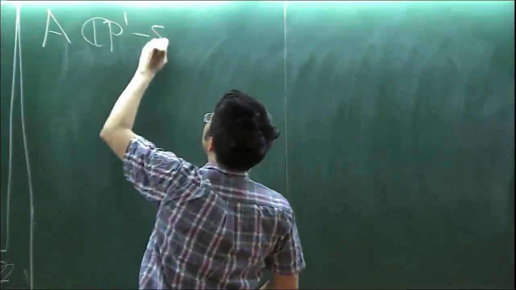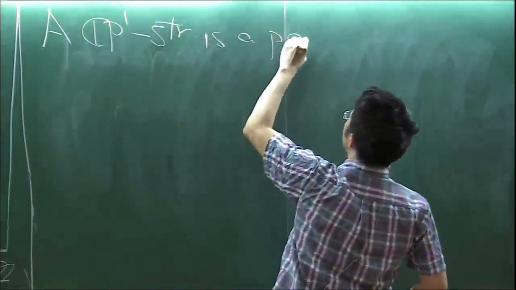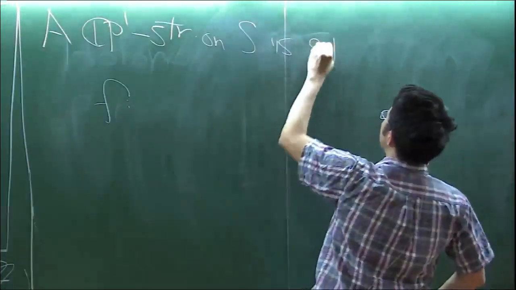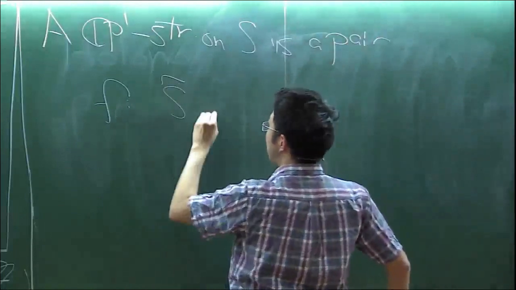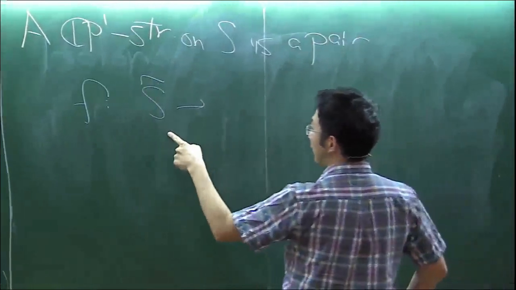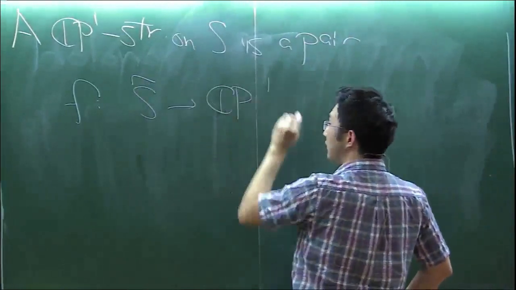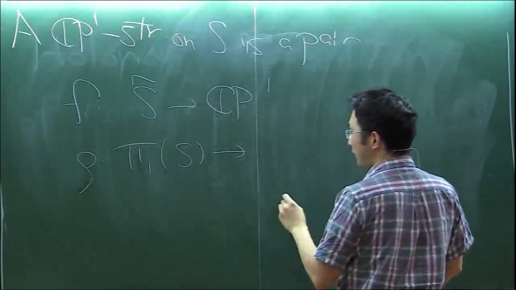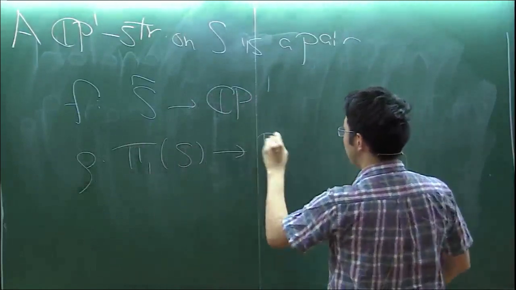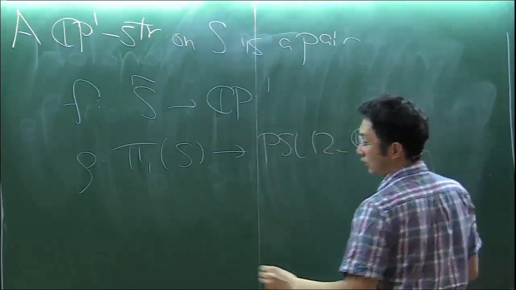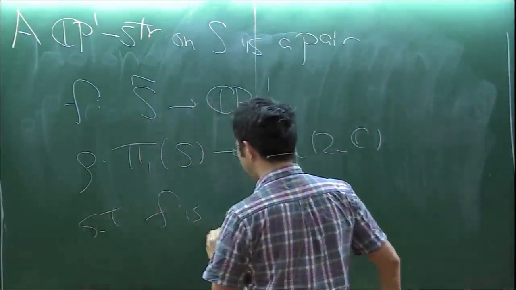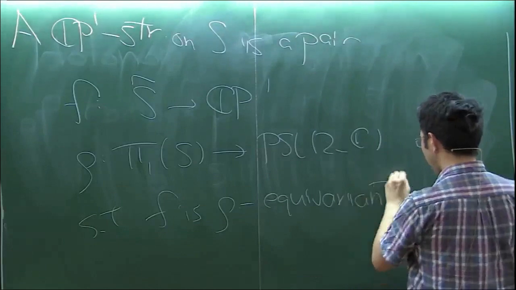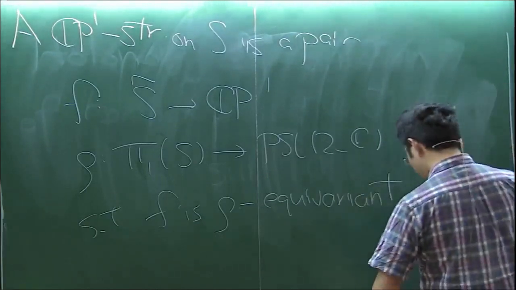So a CP1 structure on S is a pair of a developing map F, which is a local homeomorphism from the surface to CP1, and a homomorphism rho from the fundamental group of the surface into PSL2C, such that F is rho-equivariant.